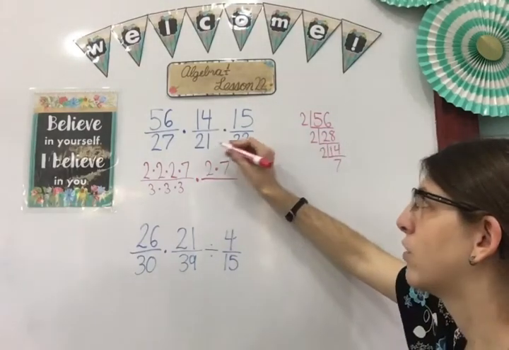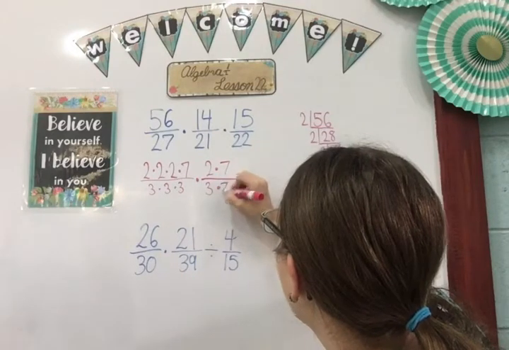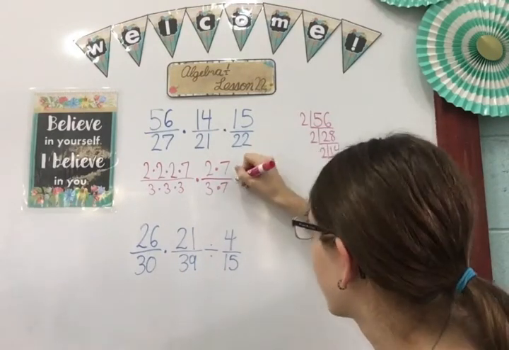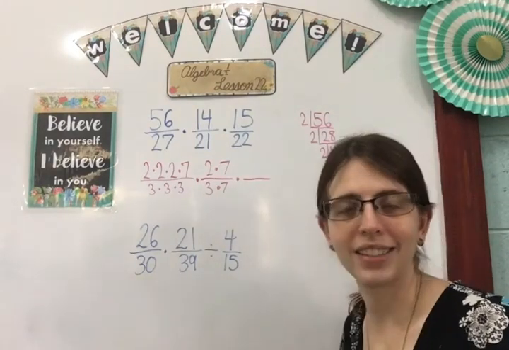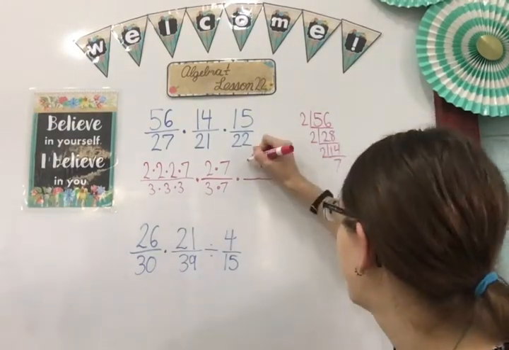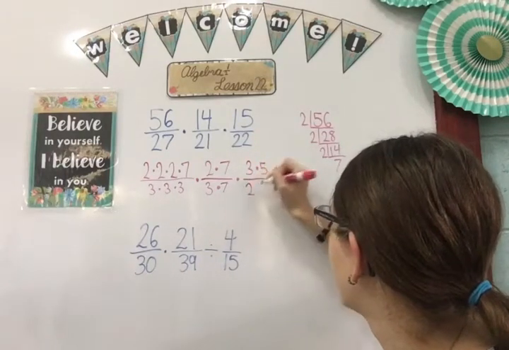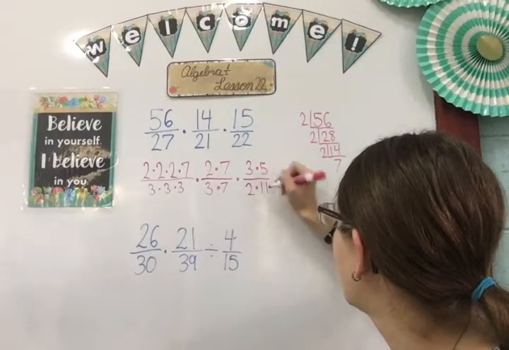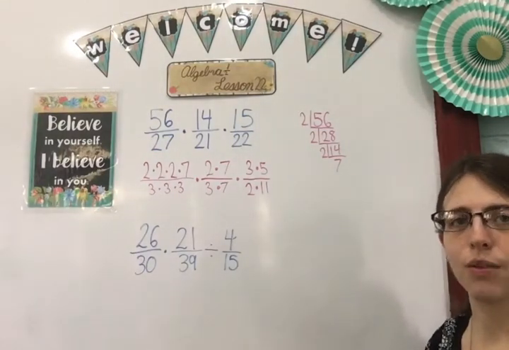The prime factors of 21 are 3 and 7. Now I have 15 over 22 as my last set. So the prime factors of 15 are 3 and 5, and the prime factors of 22 are 2 and 11. Now I have all of my numbers written out.